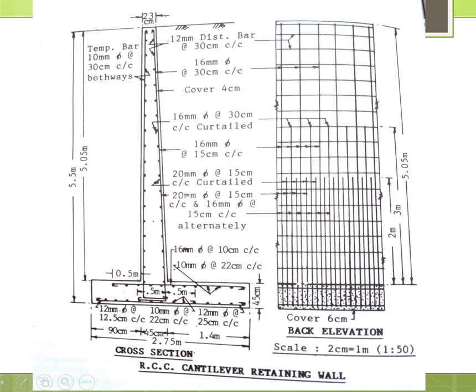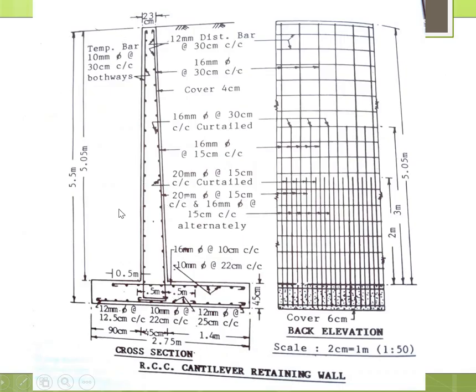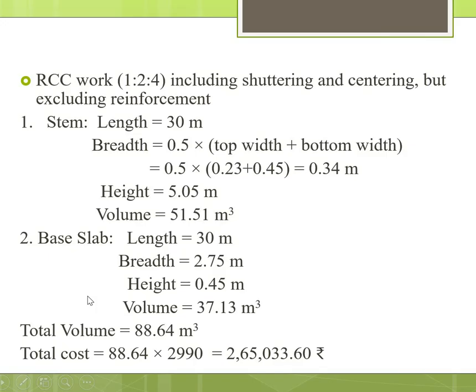It's given in the diagram, 0.23 at the top, 0.45 at the bottom. You just have to find the average here. And the height is already directly given. Height of the stem is 5.05. From that you can find the volume of the shuttering and centering that would be required for the stem.